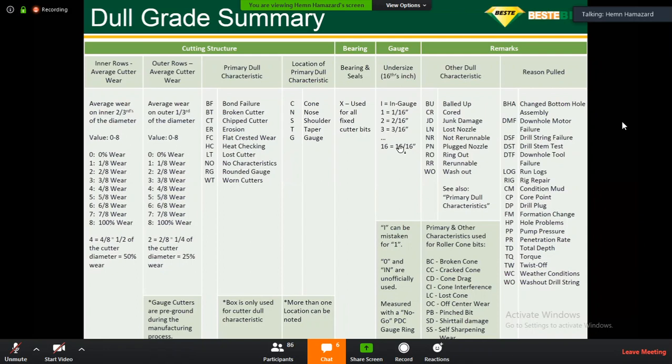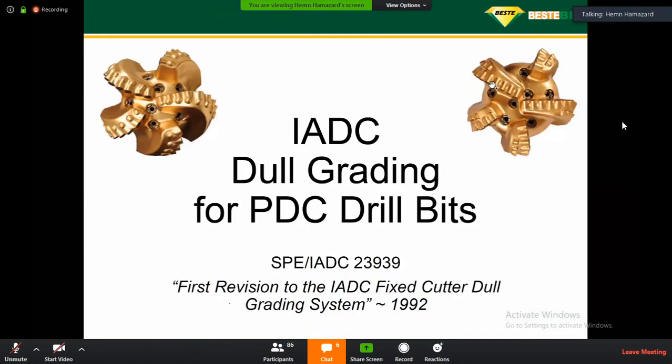You do the same thing for the outer cutter. The outer cutter, like we said, is anything beyond 2/3 of the bit. You have how many cutters, you take an average of that, and you see how much of the cutter is worn or lost or cut.